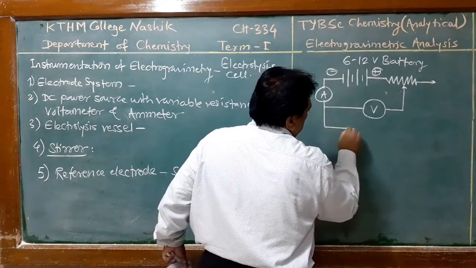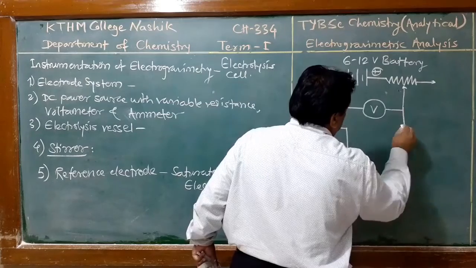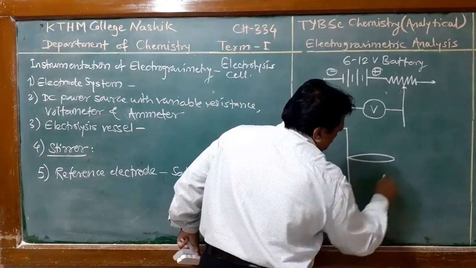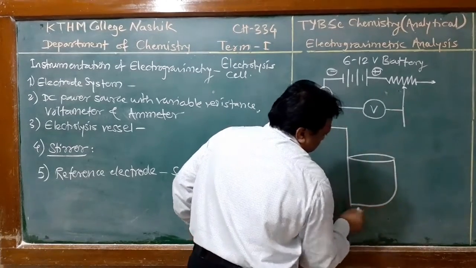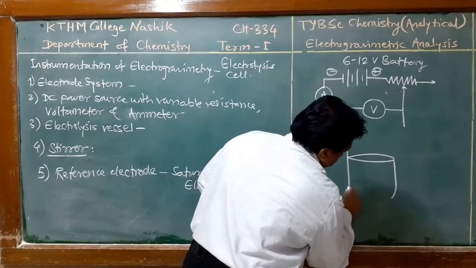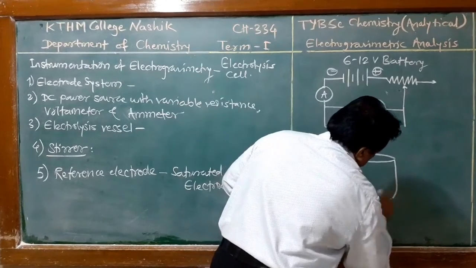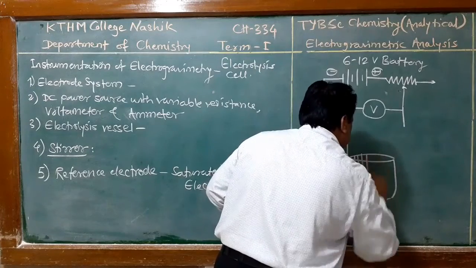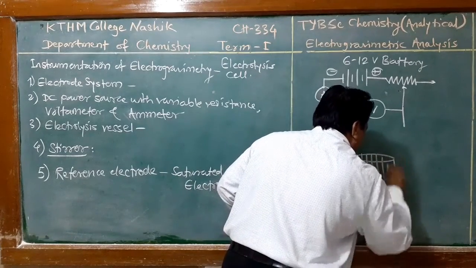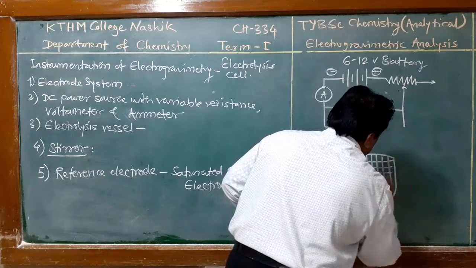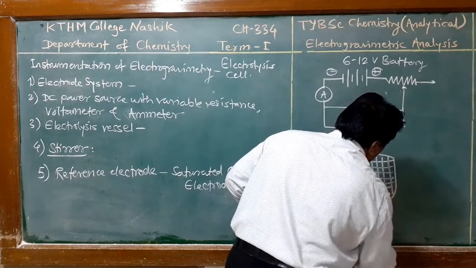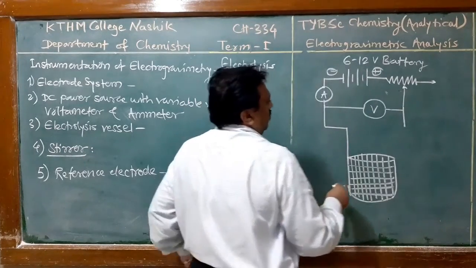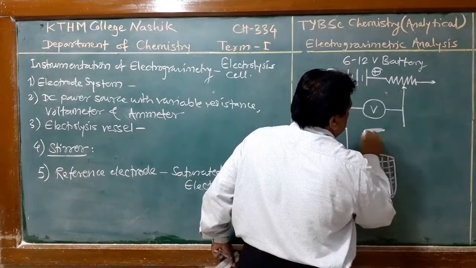Here this electrode is a cathode and this cathode is generally in gauze form, which gives more surface area. Gauze form cathode gives more surface area, and therefore a gauze form electrode is generally preferred for deposition of analyte. Here this is an electric motor.